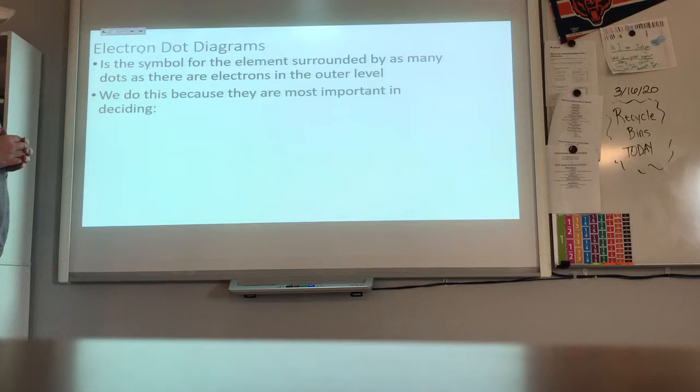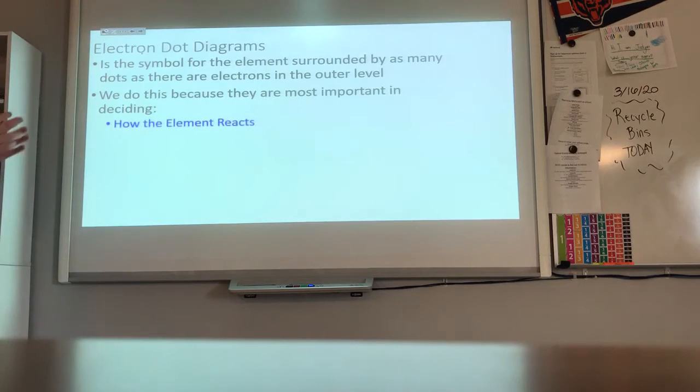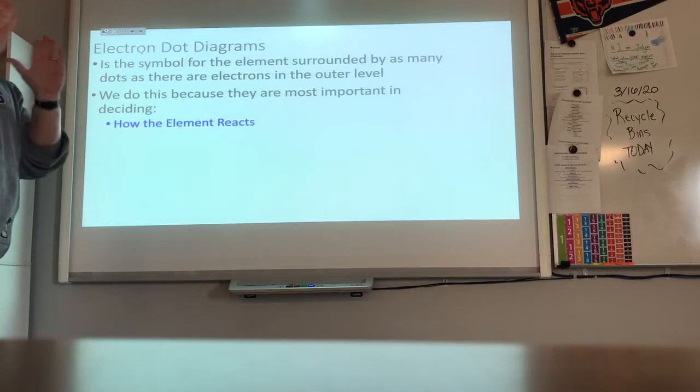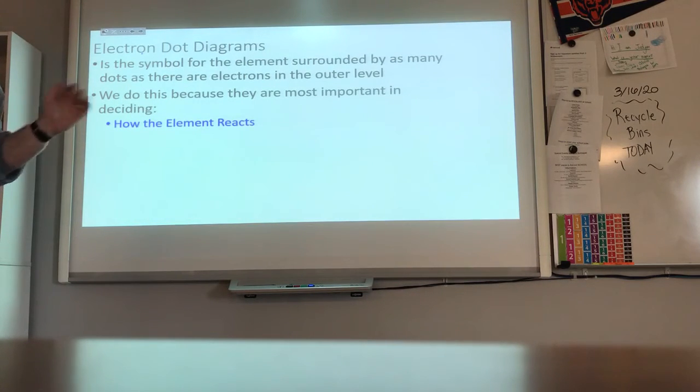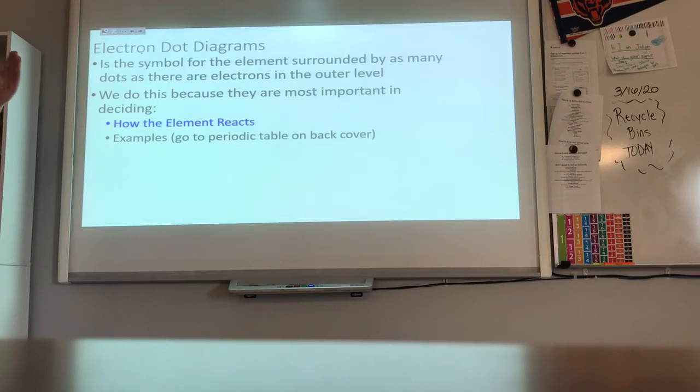We do this because the outer level is most important in deciding how the elements react. So this electron dot diagram is a way to simplify things and say, oh, there's 1 electron in this outer level for hydrogen, or there's 7 electrons in the outer level for fluorine or chlorine. Then we can see from examples what is where.